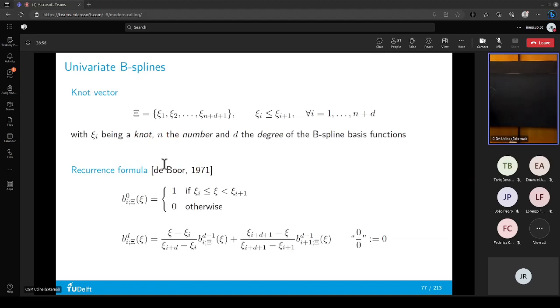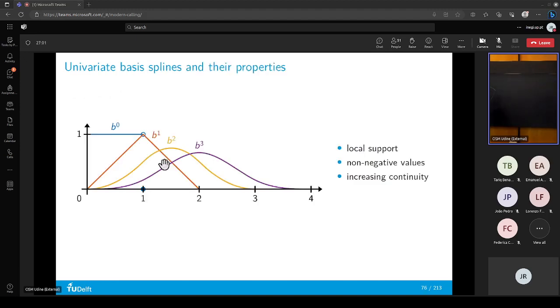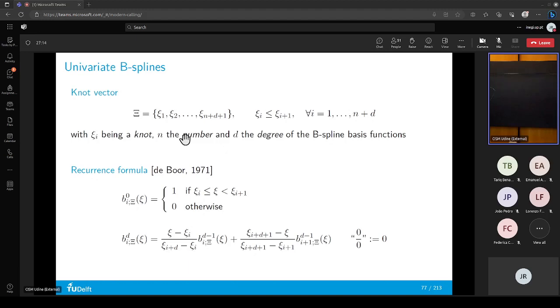It's basically very simple. We define a knot vector. A knot vector you can see as this: where do I put my points on which I build my functions in some sense? Yeah, it can be equidistant, it can be non-equidistant.